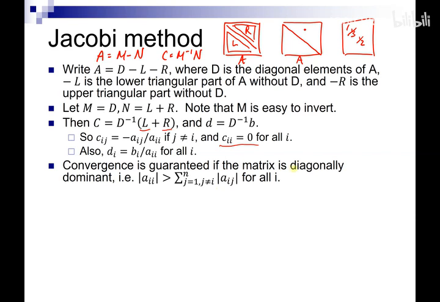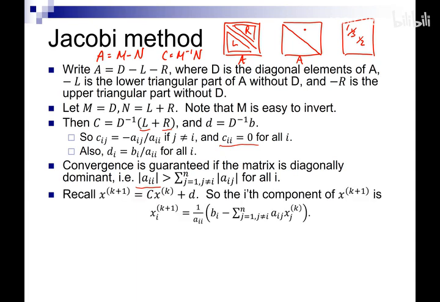In that case, we say the matrix is diagonally dominant. If the diagonal elements are very large compared to the non-diagonal elements, the matrix is diagonally dominant, and the iterative algorithm is guaranteed to converge.